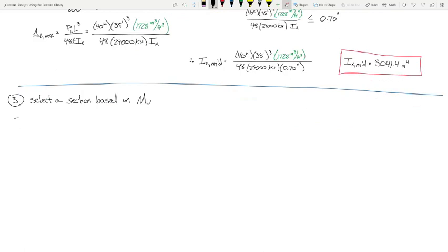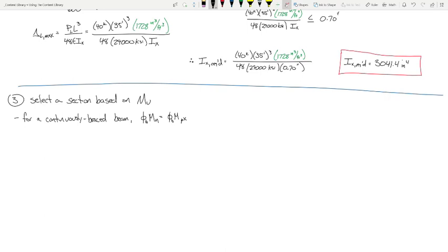And what I'm going to say is for a continuously braced beam, phi Mn is phi Mpx. And that is not going to be the case later on.